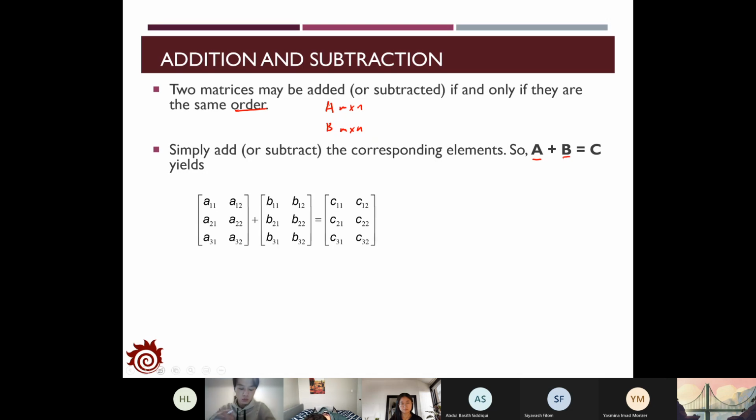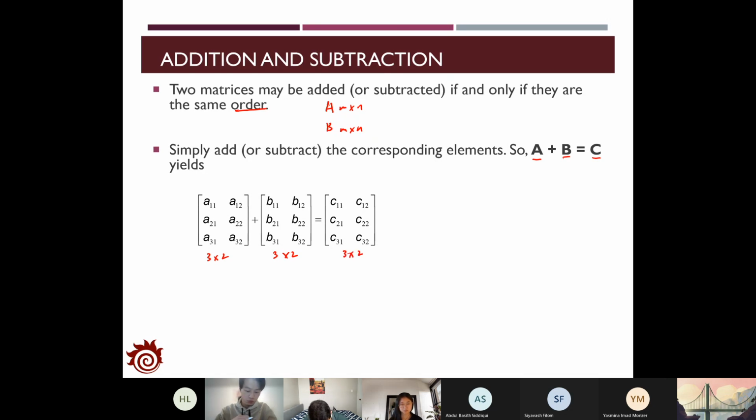Let's see one general example. We have the matrix A with the dimension of 3 by 2, B is also 3 by 2, and for these two matrices, you're able to do the addition and subtraction, and now you get a new matrix, which is the matrix C. The dimension is also the same as A and B, 3 by 2.